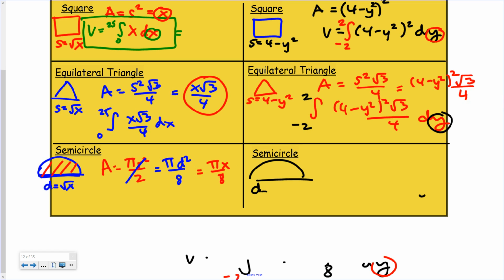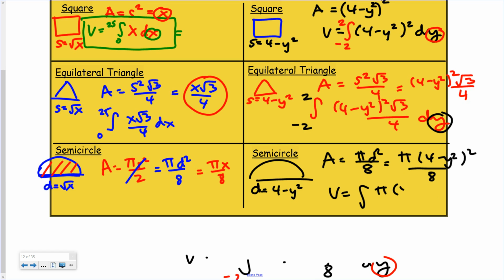This diameter is actually x minus x, which was 4 minus y squared. What's the area of the semicircle going to be? Pi d squared over 8, which is pi times 4 minus y squared, squared, over 8. What's the volume of all of these semicircles put together going to be?